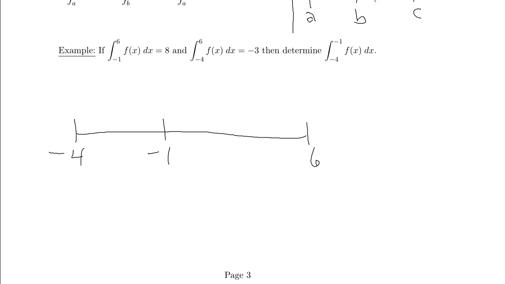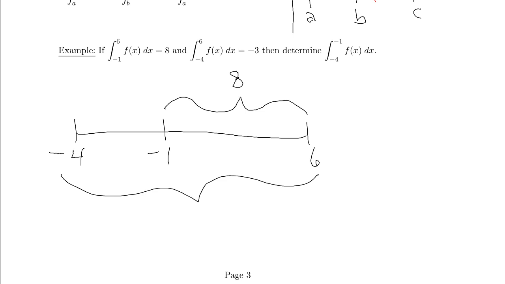And so from there, I'm going to summarize the information that I have. So I know that between -1 and 6, so this region here, I know that my area is 8. So I'm going to put an 8 there. Okay. Between -4 and 6, so this large region here, I have an area of -3.